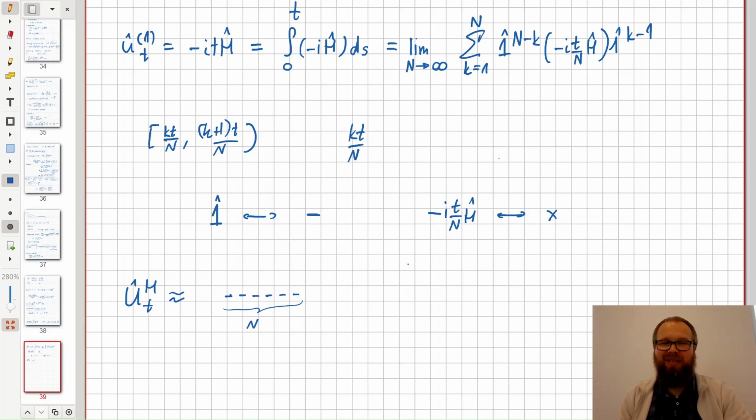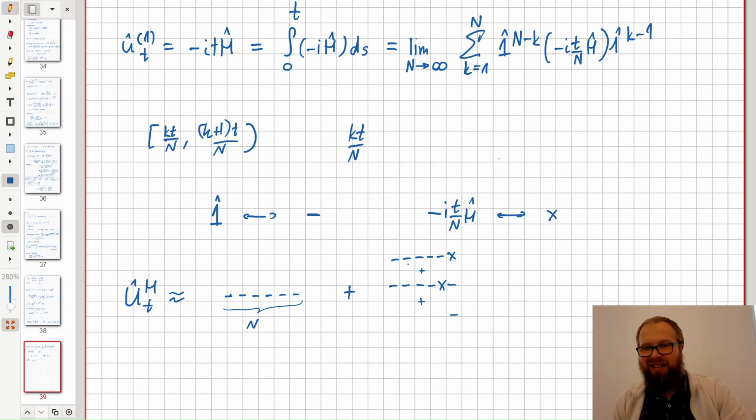It's just nothing happens. Then the first order would be kick, dash, dash, for example, plus dash, kick, dash, plus dash, impulse, dash, plus dash, dash, kick, dash, plus.